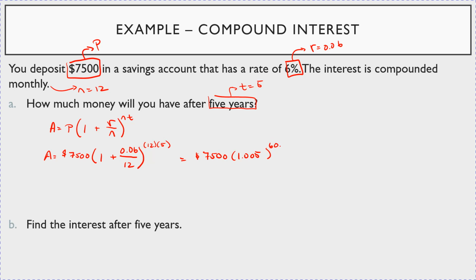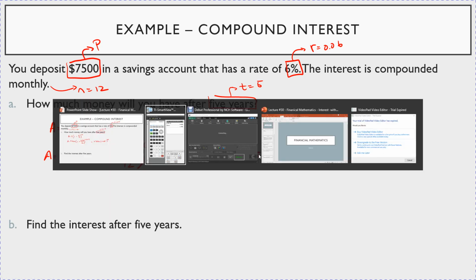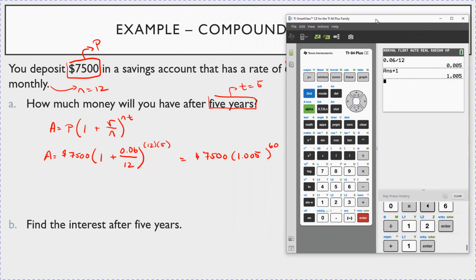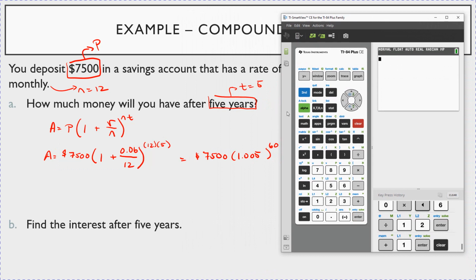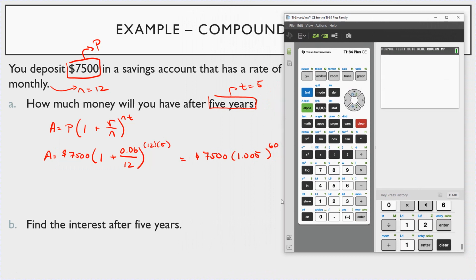You wouldn't take 7,500 times 1.05. No, it's parentheses, and then you do the exponents first. Your calculator will do the correct order of operations if you have these TI calculators. So I'm going to go 7,500 times 1.005 raised to the 60th power.